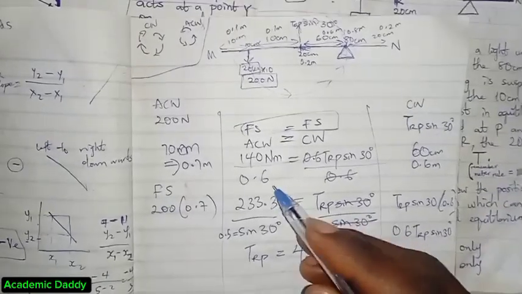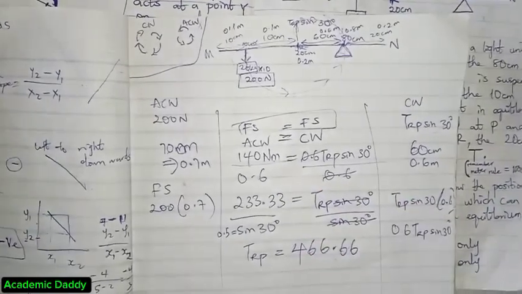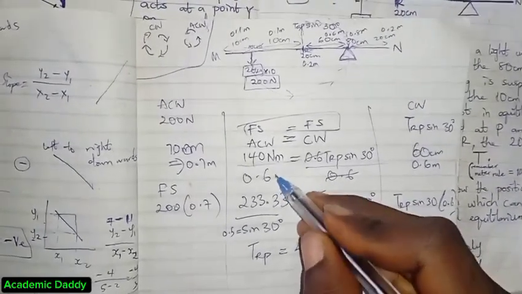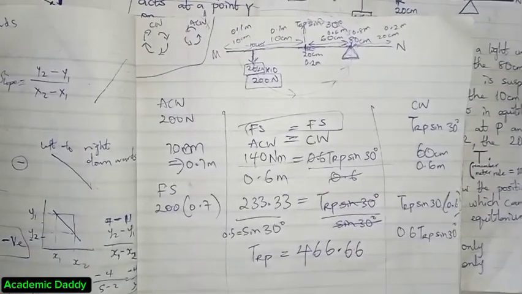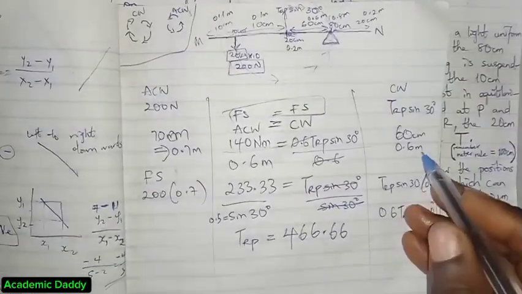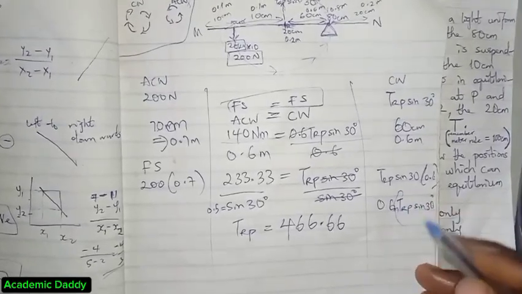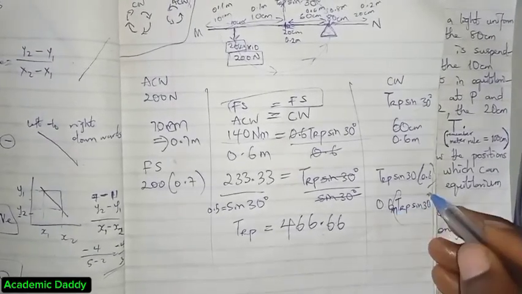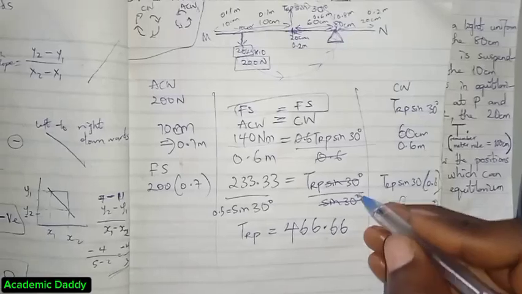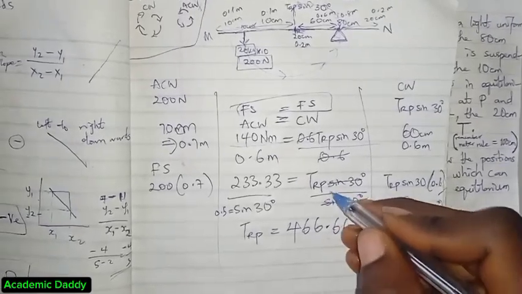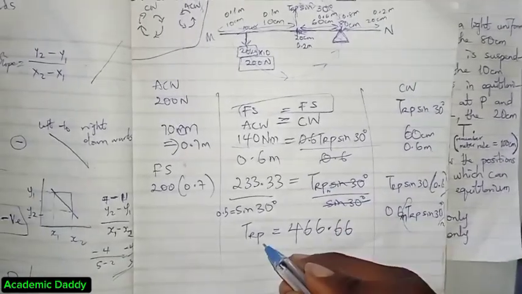First of all, this is in Newton meter, and this one is in meter, 0.6 meter. Everything here was in Newton, so TRP is in Newton.